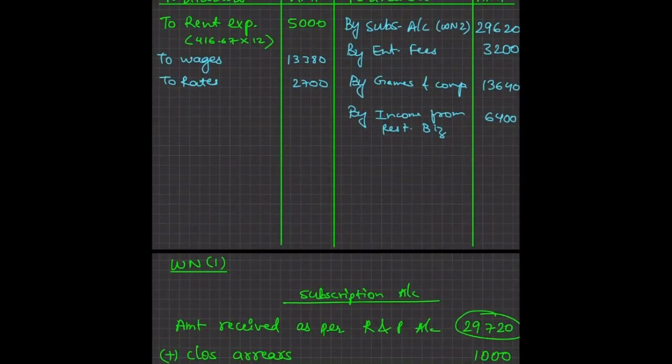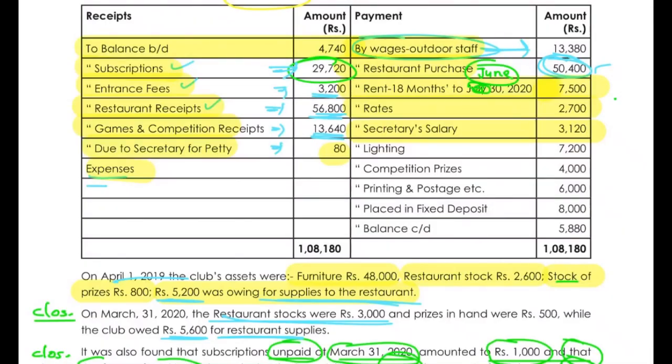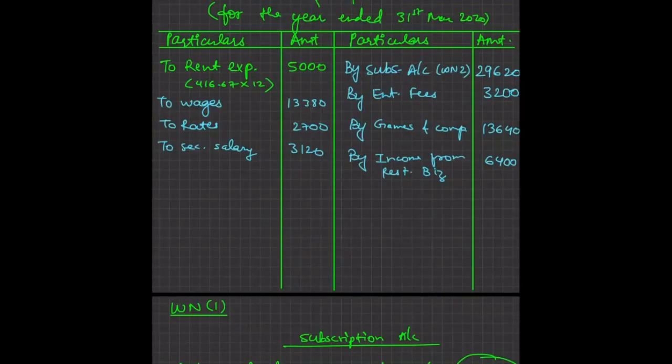Okay. So that is what we have paid to the secretary, through secretary salary. Okay, it was 3,120. Then we have lighting charges of 7,200.